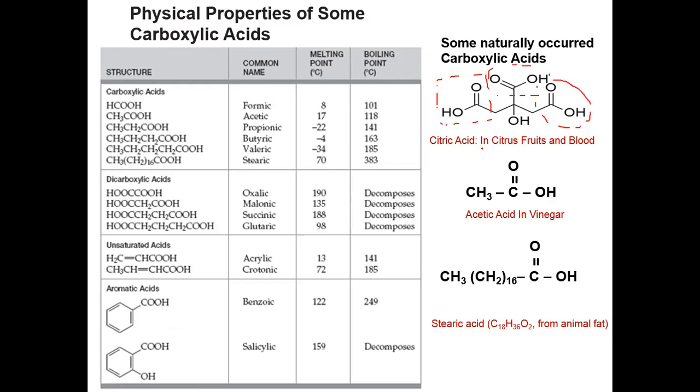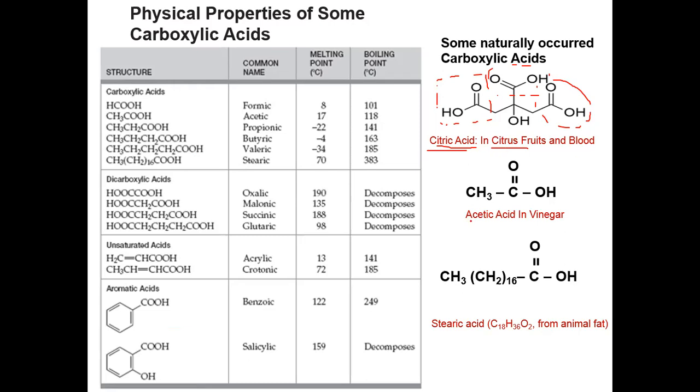So this is citric acid. This is considered a subclass of carboxylic acid, and the names are complicated, so we will not be studying this kind of thing. This is citric acid, which is in citrus, like lemons, oranges and mandarins. They have this kind of acid.